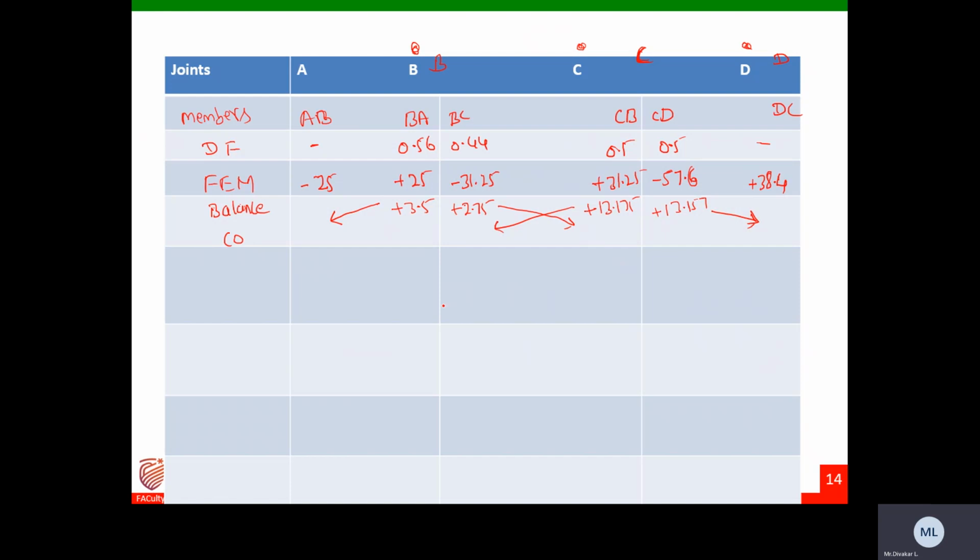Now with respect to B, A is fixed, so I have to do the carryover. How much? 50% of the moment should be carried over to the adjacent support. So this is 1.75, and this one 6.587, and this one 1.375, 1.375, and this 13.175 half of this would be 6.587.